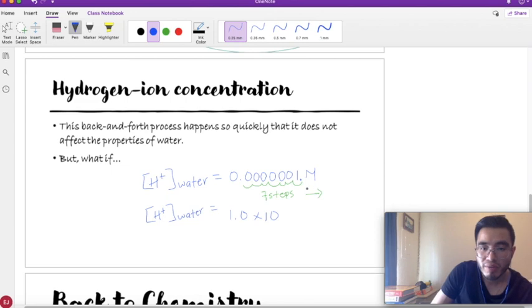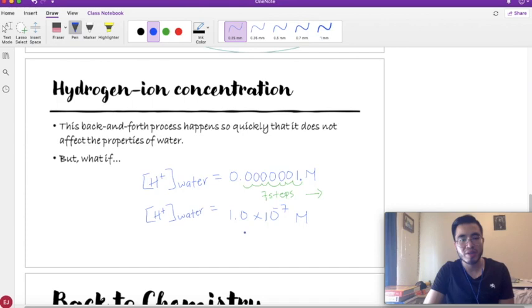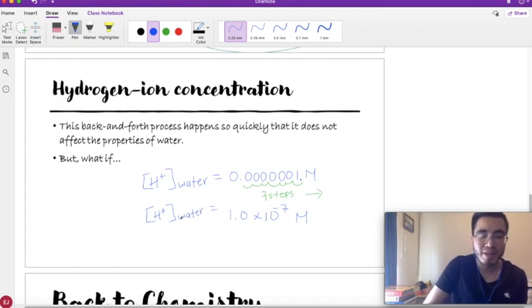Since we went to the right, we add a negative sign, and the number of steps, which was 7. So the concentration is 1.0 times 10 to the negative 7 molar. This is the concentration of hydrogen ion in water.